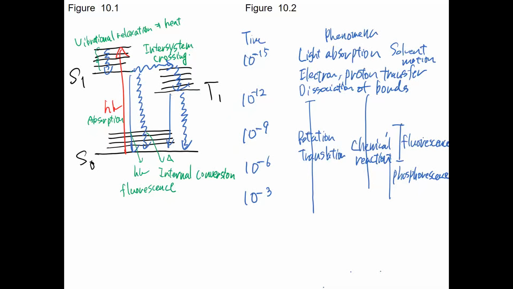After the molecules reach the higher energy level of the triplet state, they again need to release energy by heat, the same as the S1 case, by vibrational relaxation.